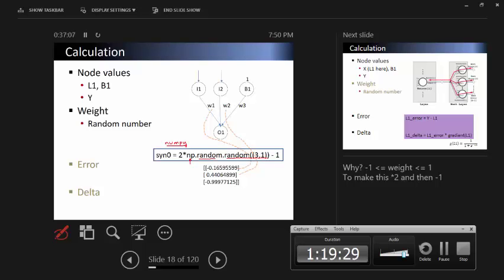This random function can take the structure of data. 3, 1 means 3 rows and 1 column of random data. And then we multiply that by 2 and finally subtract 1.